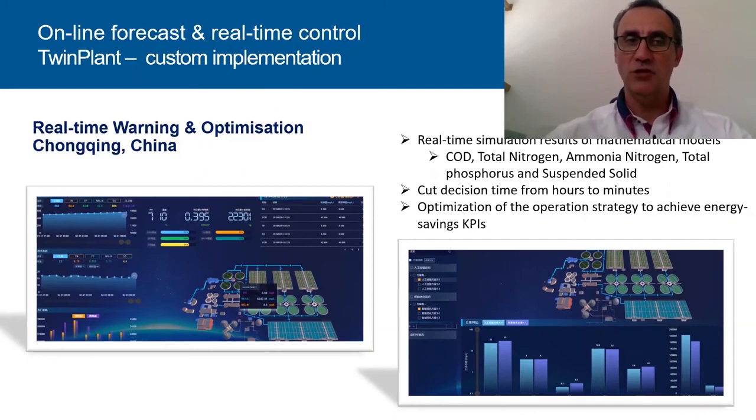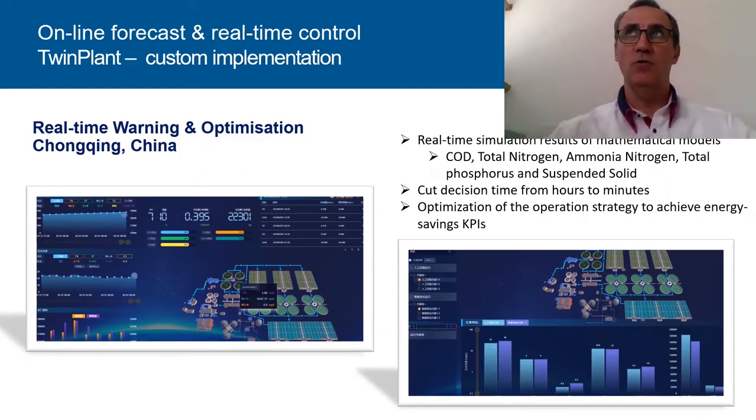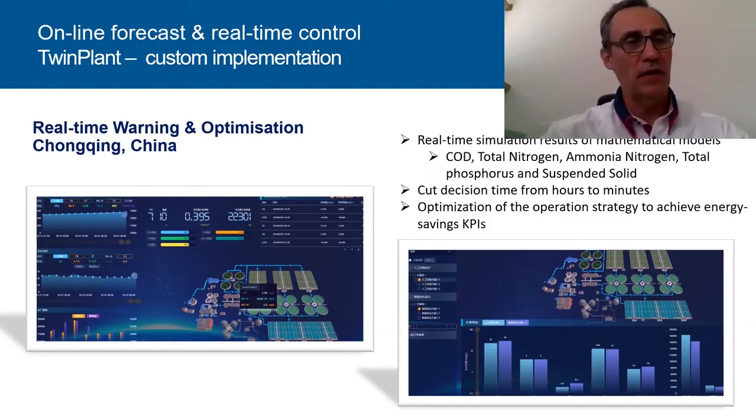Here you can see it in a picture with specific data to be shown and triggers, with a real-time warning module that goes online to mobile devices if something is happening, so that people outside of the treatment plant can be notified of the situation in real time.